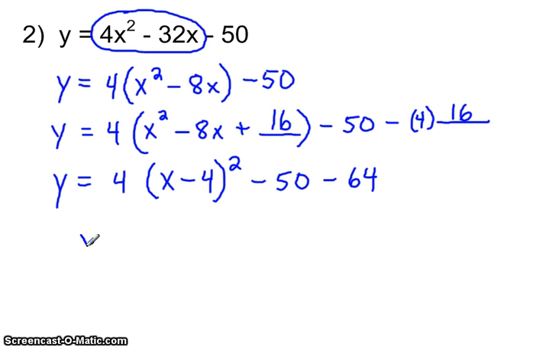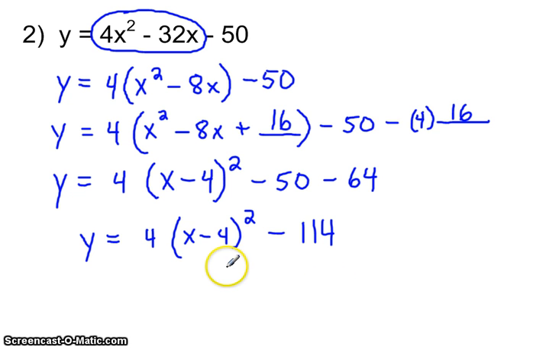And one last step, y is equal to 4 times the quantity x minus 4 squared, minus 50 minus 64 would be minus 114. So we're getting some crazy parabolas that are shifted way over. So this would have a vertex of positive 4 and then negative 114. So it's way down there, but that's okay.